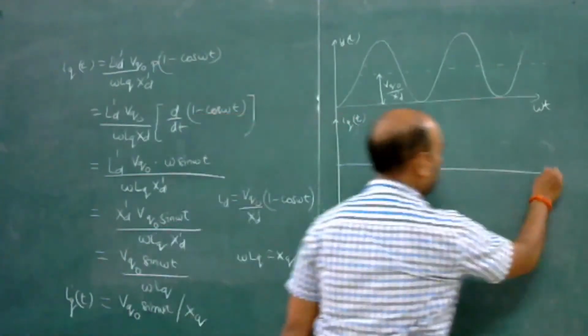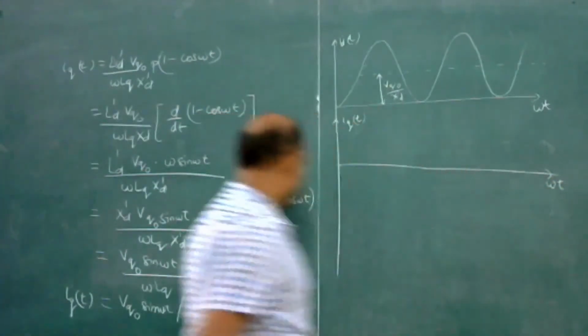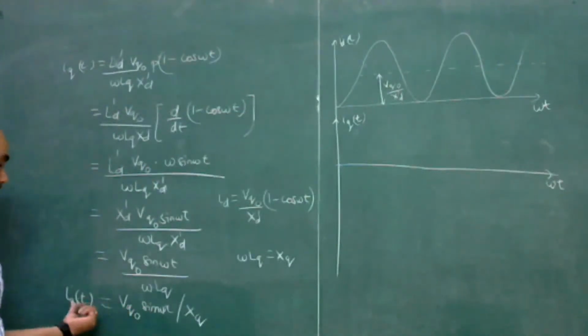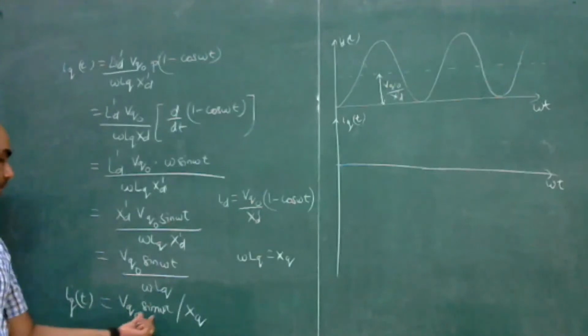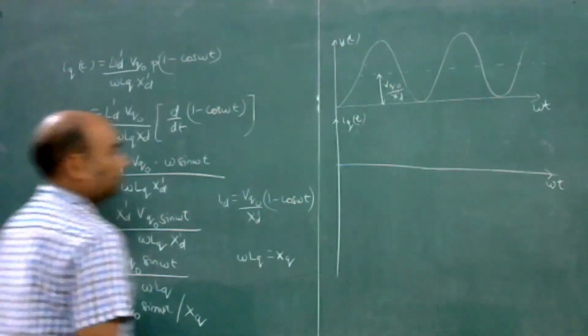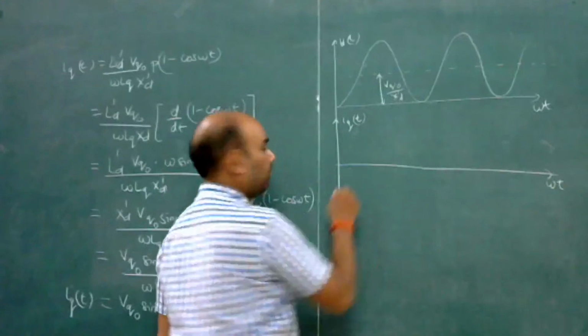Now, IQ(t) as a function of time. IQ(t) is a sinusoidal wave. So I naught is equal to E naught upon XQ naught times sin omega t. Okay, so this will be a sinusoidal waveform.